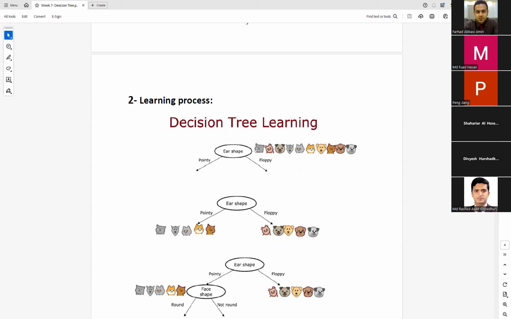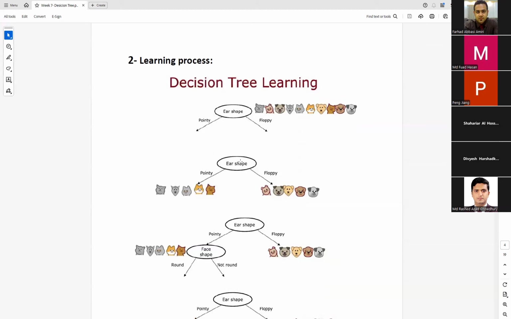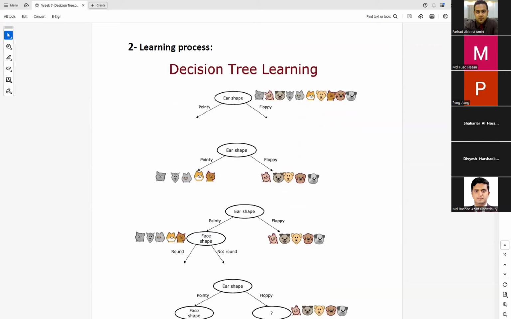And then we take a look at these 10 training examples, and we know that ear shape has two possibilities, pointy and floppy. We go through these pictures and see which one has floppy ears and which one has pointy ears. And then we split these 10 data points on this feature, on ear shape. Let's say that we see that 5 of them have pointy ears.